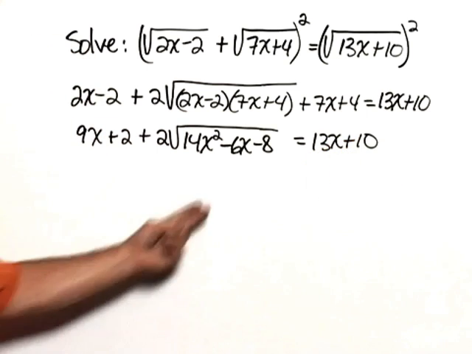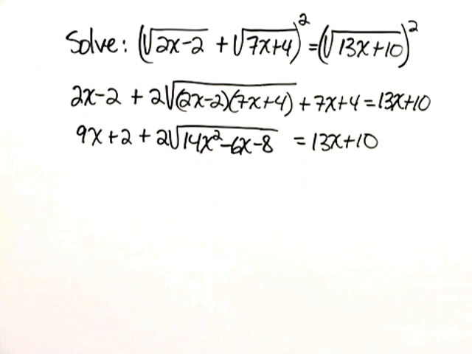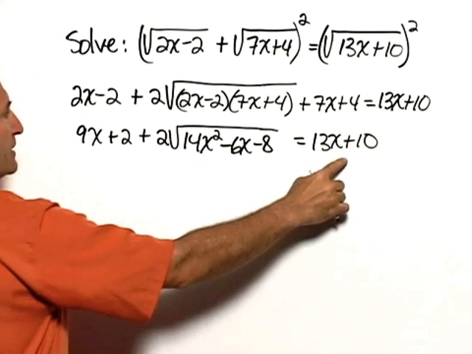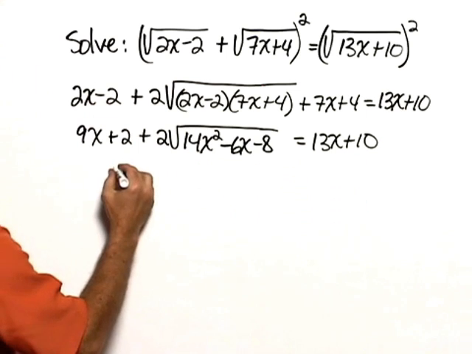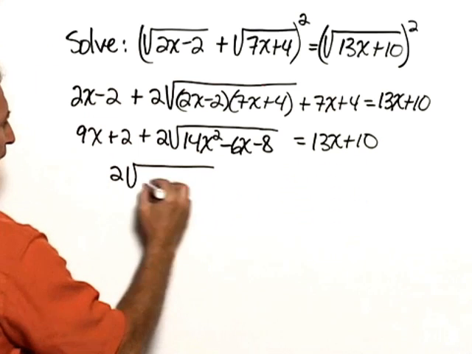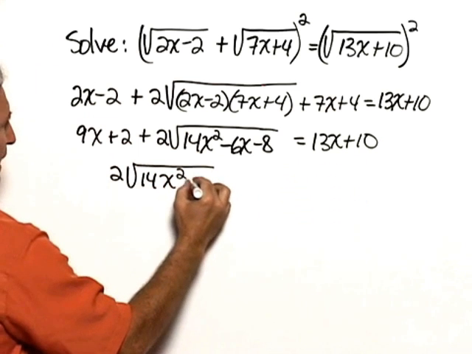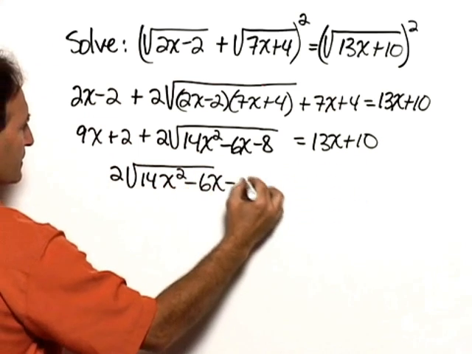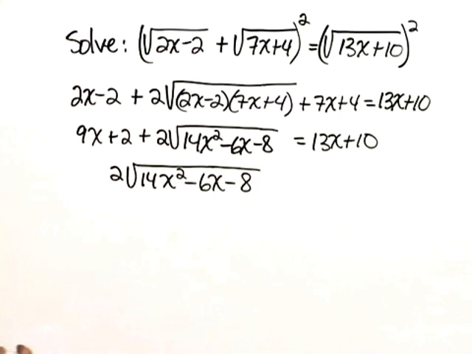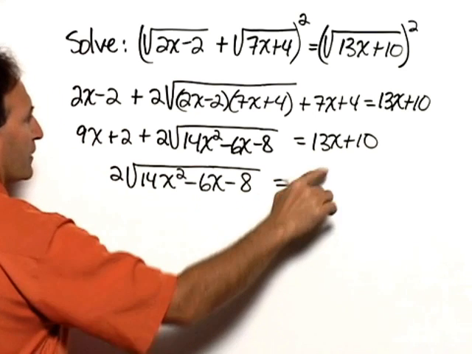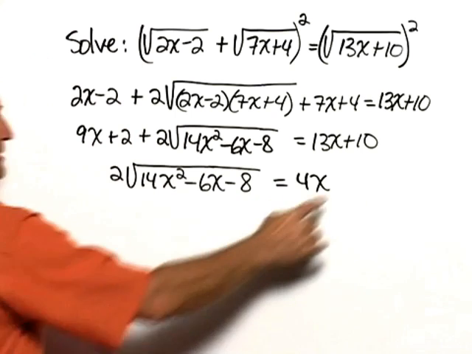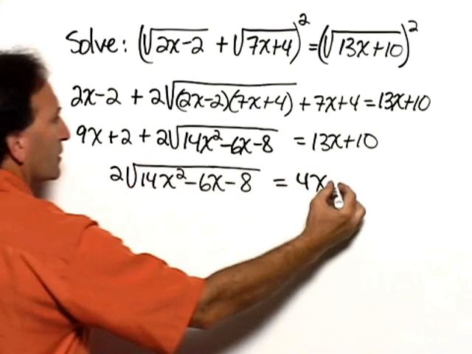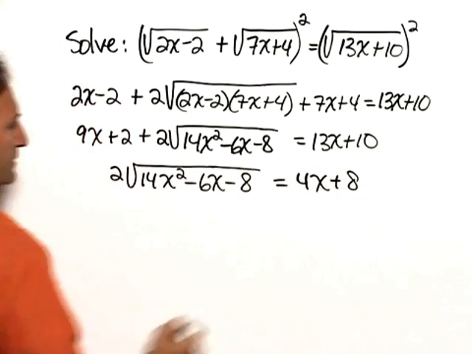Next, what we need to do is isolate this radical. So that means we would subtract 9x from each side, and we would subtract 2 from each side. So what we have is 2 times the square root of 14x squared minus 6x minus 8, all of that underneath the square root. And then 13x minus 9x is 4x. 10 minus the 2 would be 8.